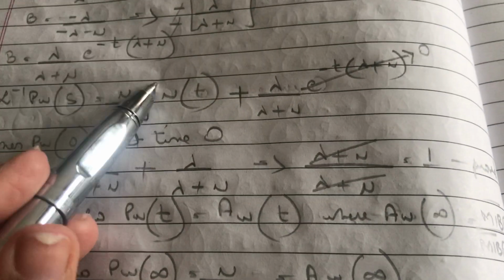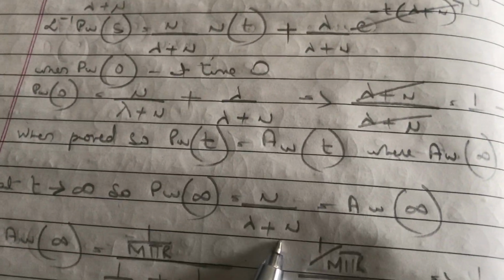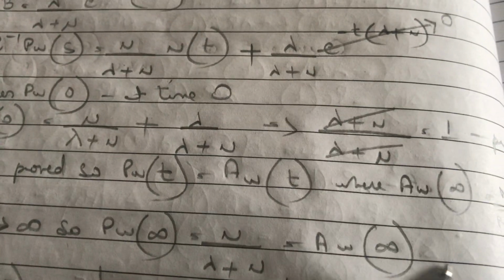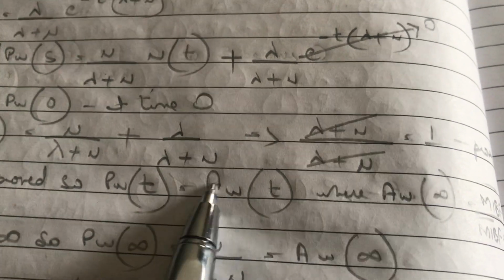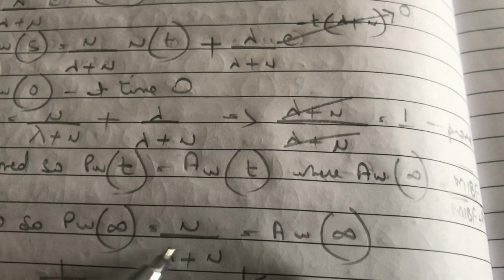So only this part remains at time infinity. So we can easily say that PW of infinity is equal to AW of infinity, as we said before that PW of t is equal to AW of t. Obviously the infinity would also be equal to infinity.